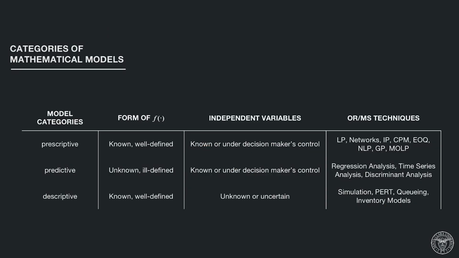In all kinds of mathematical modeling, we can separate them into three major categories. The first category we call prescriptive analytics. In prescriptive analytics, we know the form of the function, but we do not know the independent variables. For example, if you go to see a doctor, the doctor might not know all your problems, but they do have the formula.